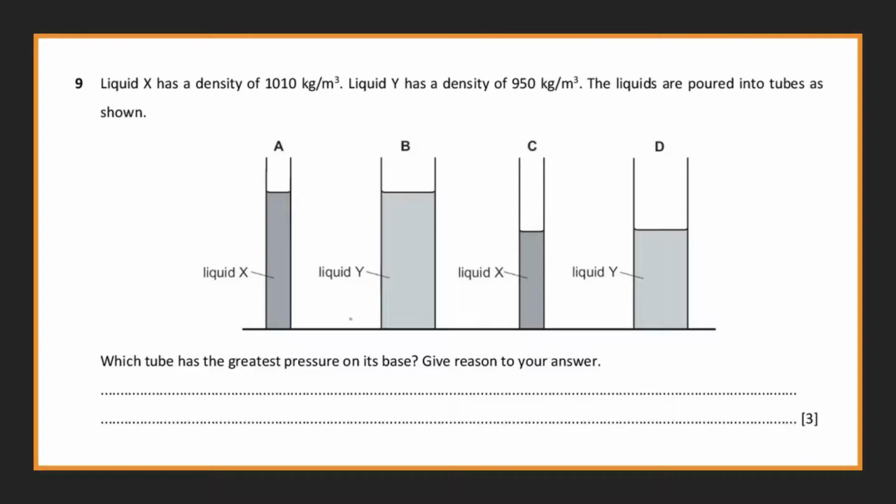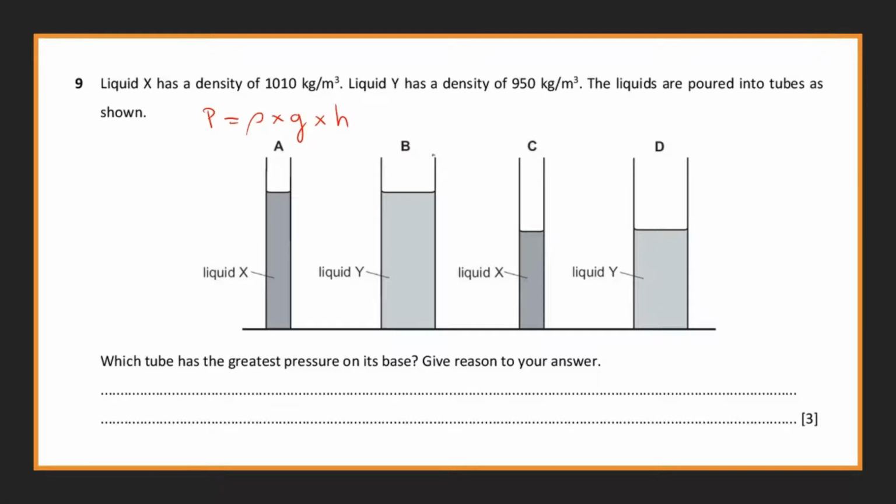Let's compare the pressure for the 4 tubes. Pressure in liquid equals the density of the liquid times the acceleration due to gravity, or acceleration of free fall, times the depth of the liquid.